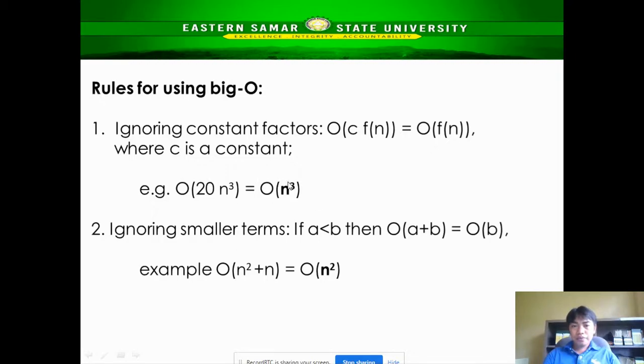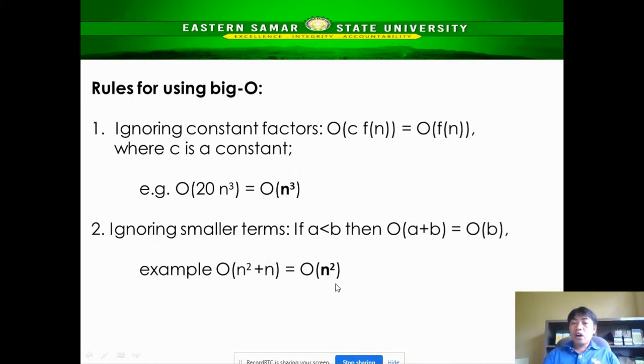And then rule number two is ignoring smaller terms. For example, this one: n cubed, n squared plus n. The n is smaller, so you ignore it, you eliminate it. So it becomes big O of n squared.